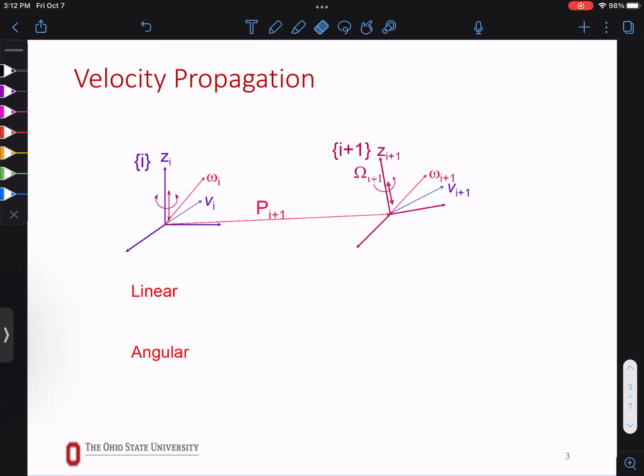But then what if this was a rotation, our rotated joint? We introduce capital omega i plus 1 to be the velocity of that joint itself. And the lowercase omega i plus 1 is the velocity that could be impacted by this.